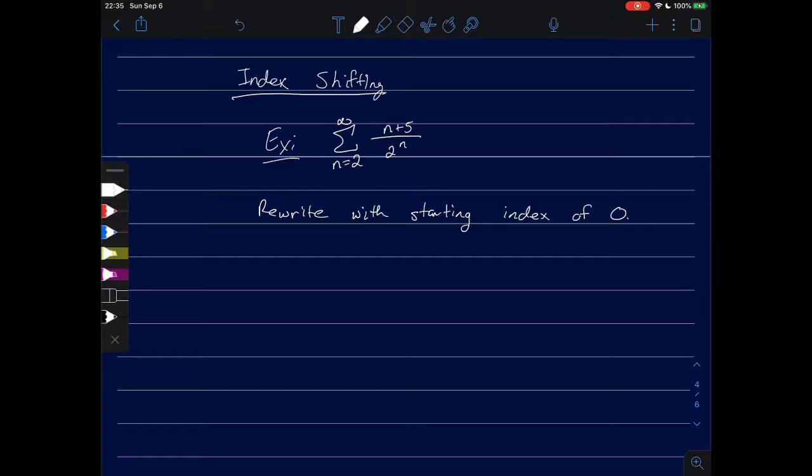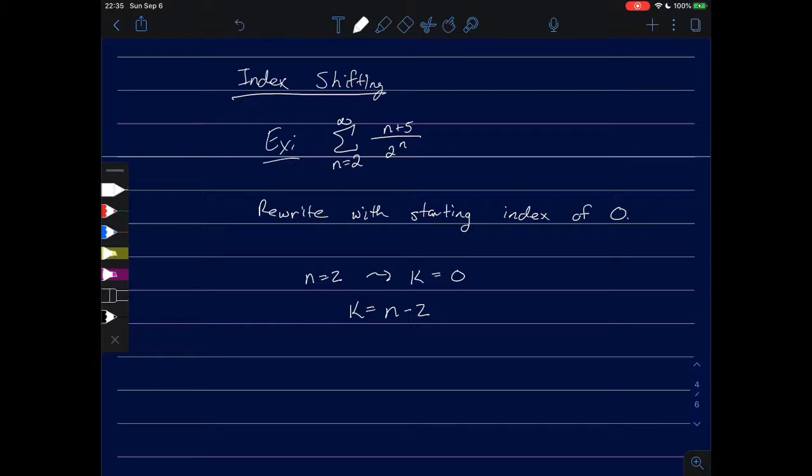So the best way to understand index shifting is probably to look at an example. Let's look at the summation from 2 to infinity of (n plus 5) over 2 to the n, and let's rewrite it with a starting index of 0. So we have n starting at 2, and we want to switch it to something with k starting at 0.